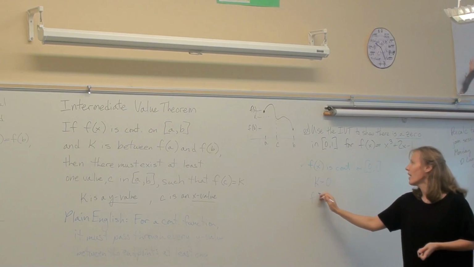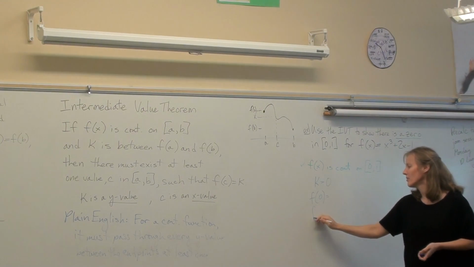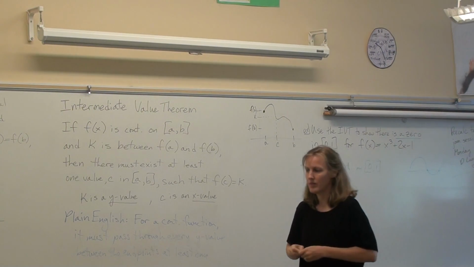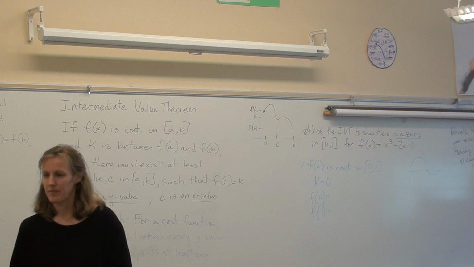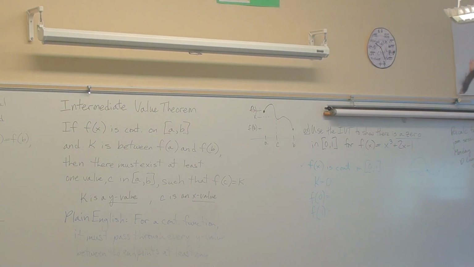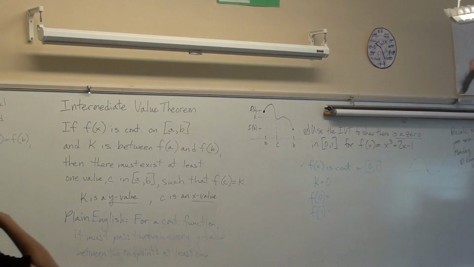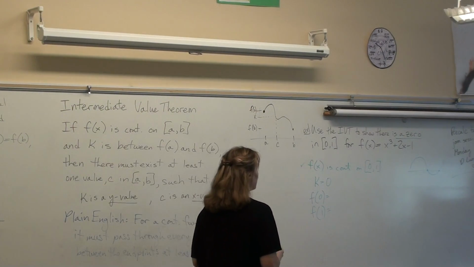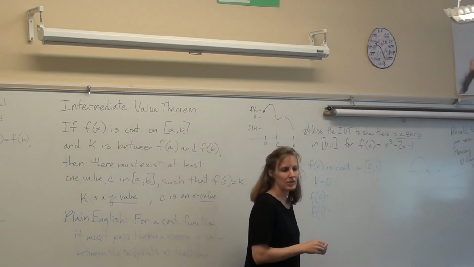So now we have to find f of a and f of b. Everyone take a second and find the function value at the endpoints. What's f of 0?